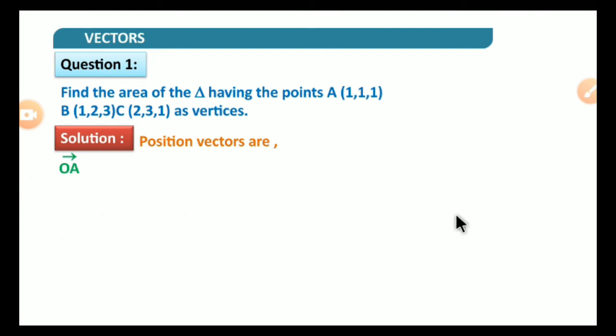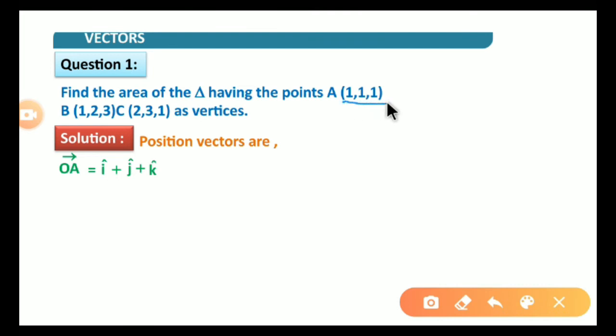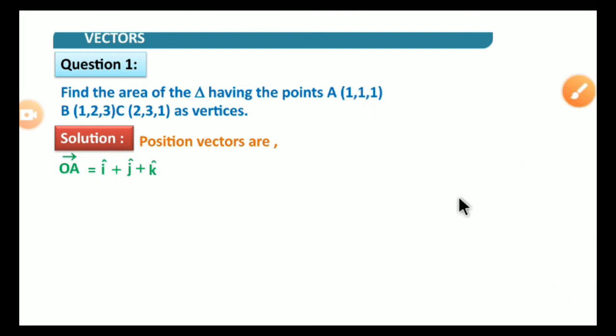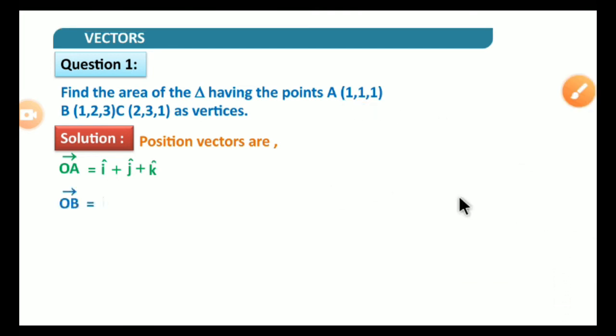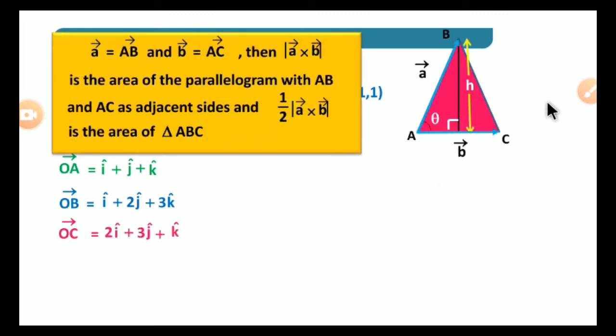OA is the position vector of the point A, so OA is equal to i plus j plus k, because we are using the coordinates of point A. Similarly, OB is equal to i plus 2j plus 3k and OC is equal to 2i plus 3j plus k.